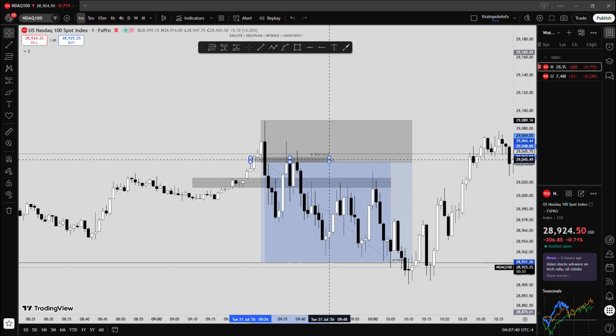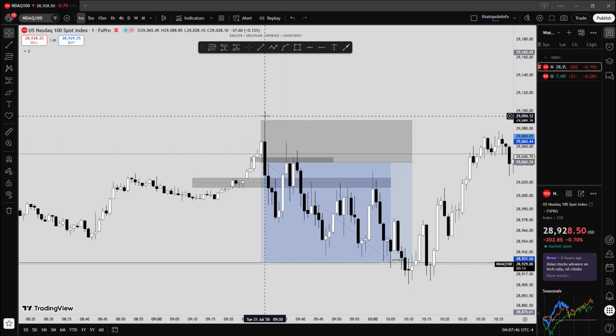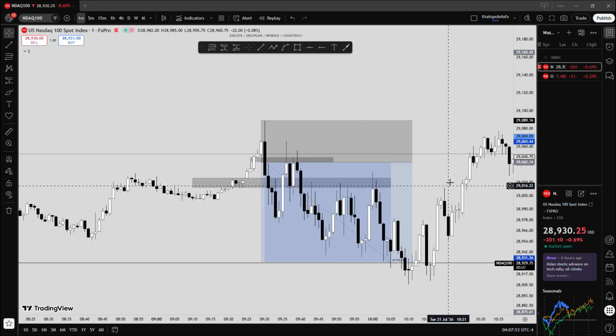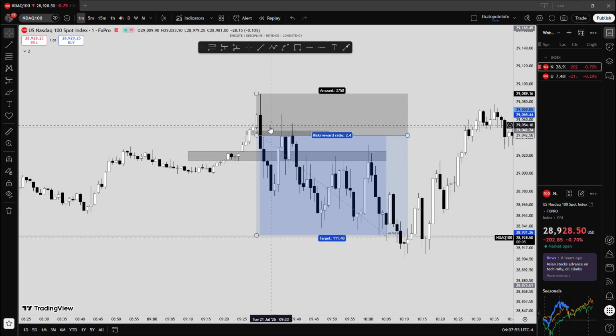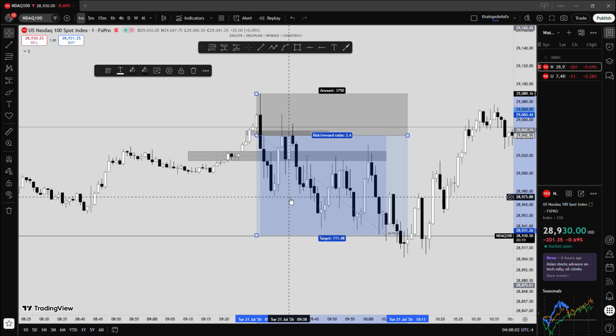Price got into the inverted fair value gap that I marked out in the 1-minute time frame. This is also available on the 2 and 3 minute time frames. I just put that up, and then price traded back into that at 9:36, and again at 9:38 and 9:39.